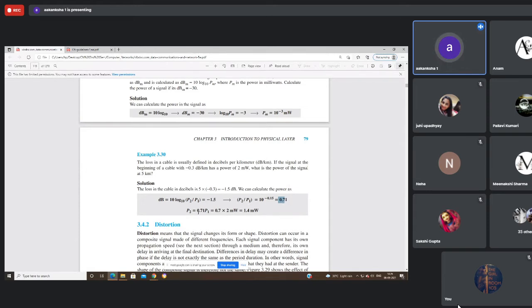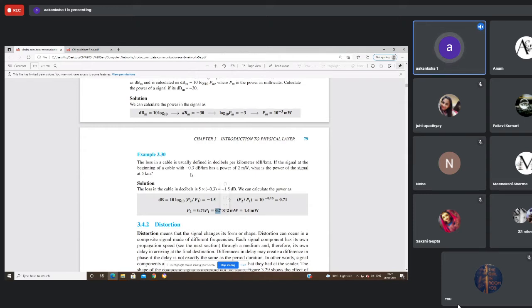So then P2 is equal to 0.7 of P1, and the signal at the beginning of the cable has a power of 2 milliwatts. So P1 is 2 milliwatts, and we have approximated 0.71 to 0.7, so it becomes 1.4 milliwatts.